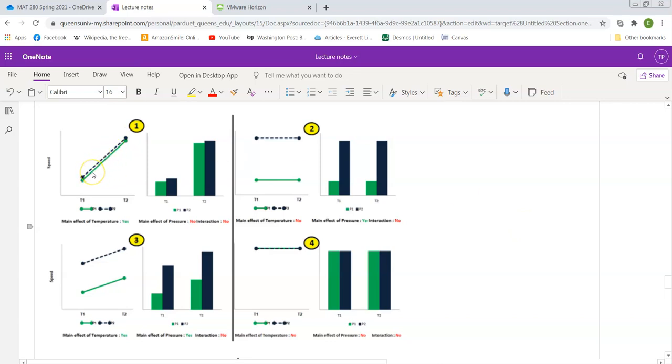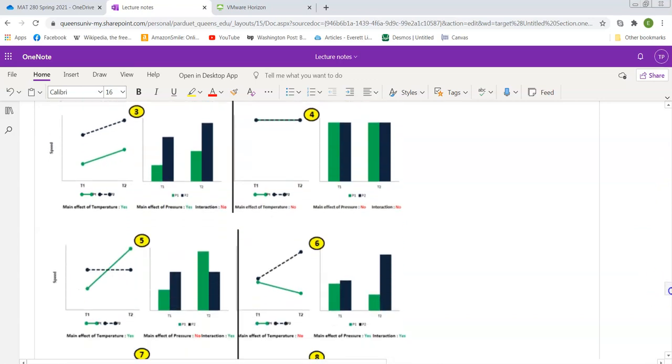Here there's a main effect of temperature, but not pressure. And that's because this line is not horizontal, which means that the response is higher at the second temperature than at the first temperature. But these lines are not different from each other, so pressure has no bearing on it at all. So pressure has no effect.